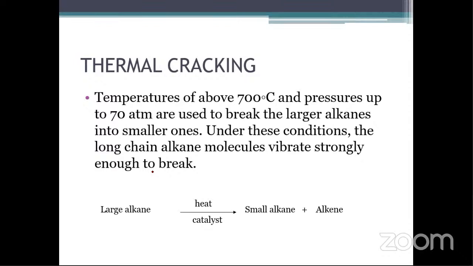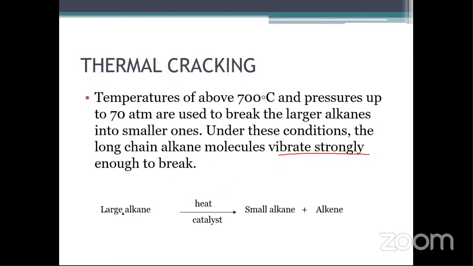These conditions cause the alkane molecule to vibrate strongly because it is under strong heat and pressure, and that will cause it to break.